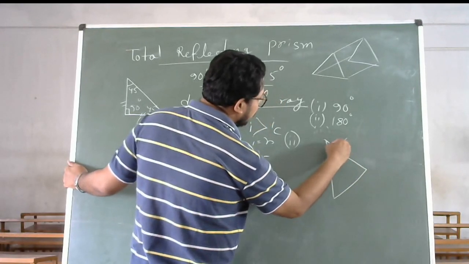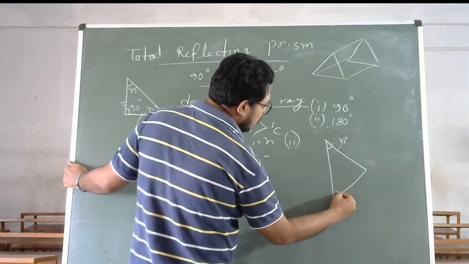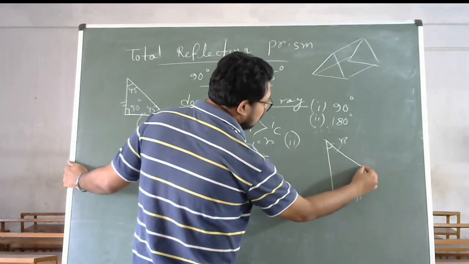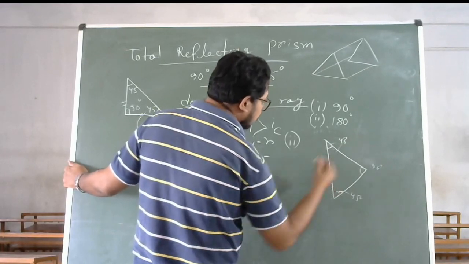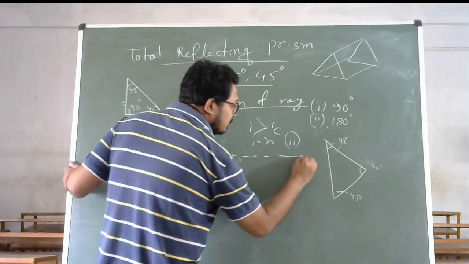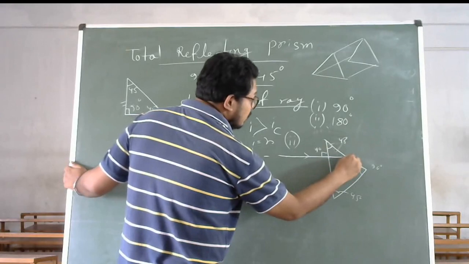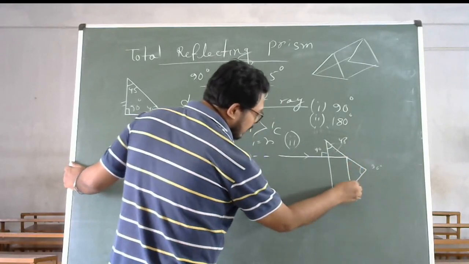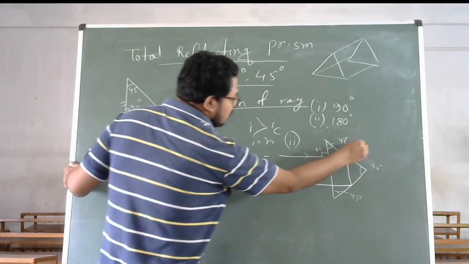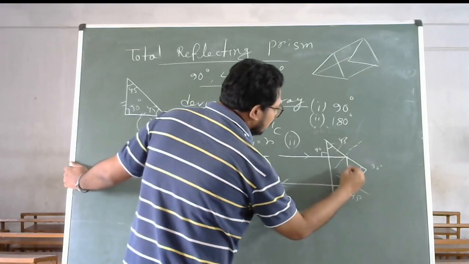This one is 45, this one also 45, this one is 90 degree. Now if a ray comes there, as it is 90 degree, again it will change direction in that way. So this is an application.